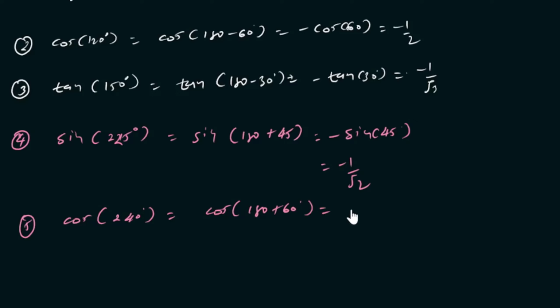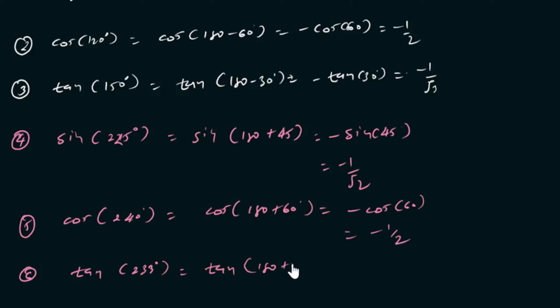A sixth kind of example is tan 233, which is tan(180 + 53). Here the angle is 180 + θ, so we keep our trigonometric function tan as it is, and in the third quadrant tan is positive, so this will be tan 53, and tan 53's value is 4/5. You can check this from the trigonometric table.